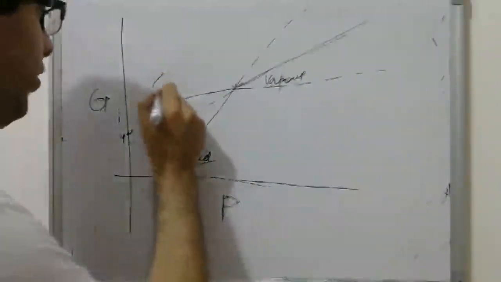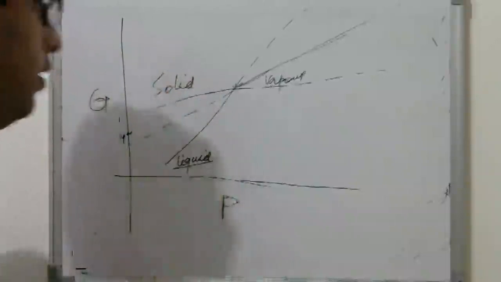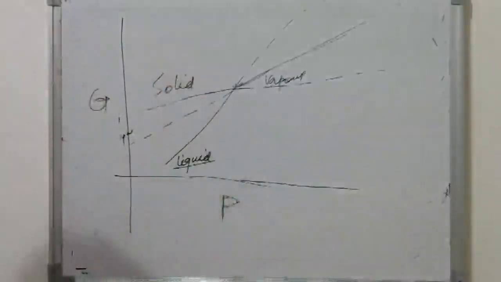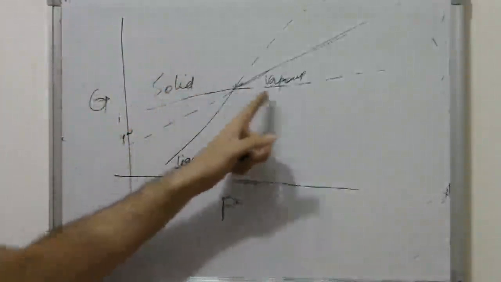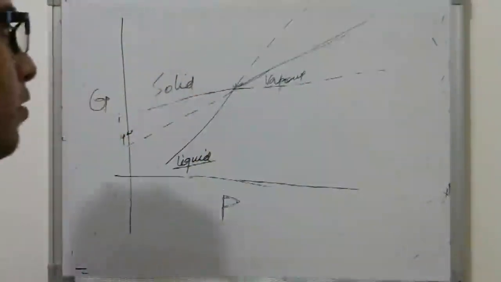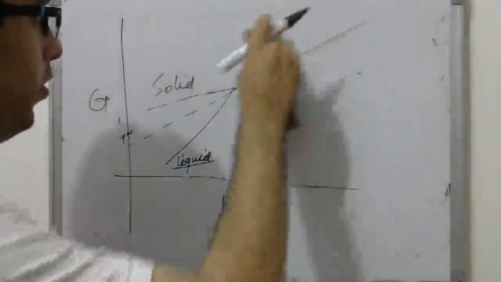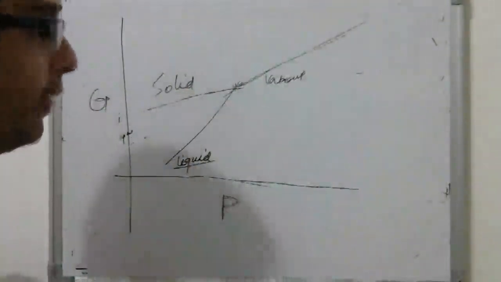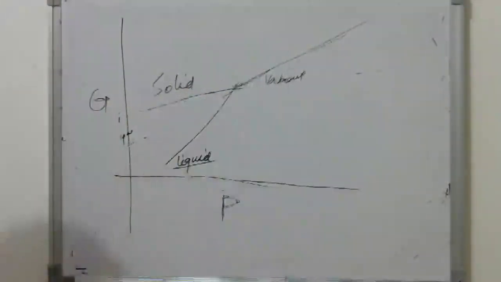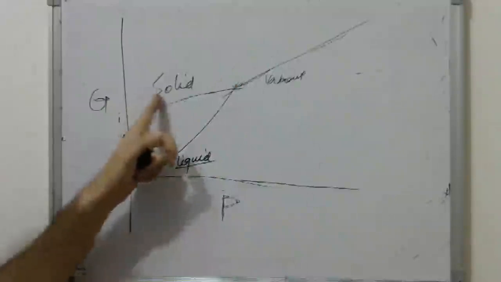Let's say it's solid. So if I remove these dashed lines, what are we left with? We are left with three lines: liquid, solid and vapor.